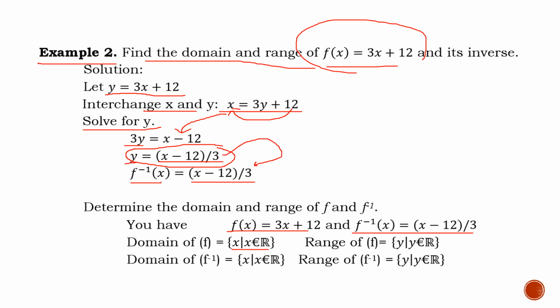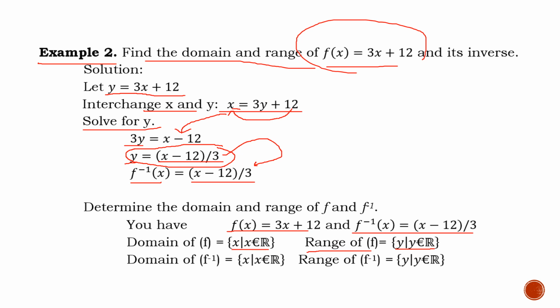It's the same thing with the range. In your original function, y is an element of all real numbers, meaning the values of y will fall from negative to positive infinity, including 0.